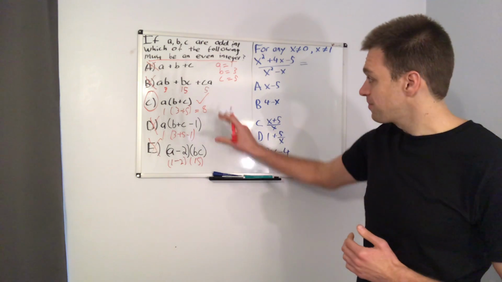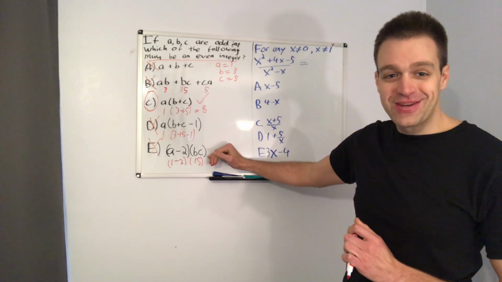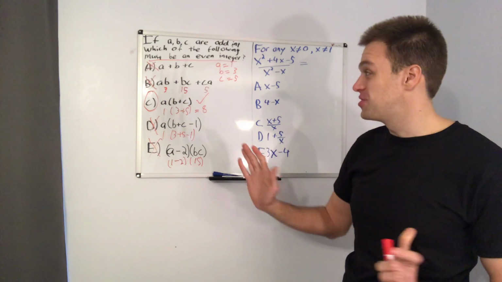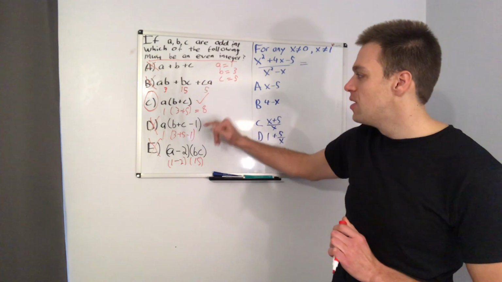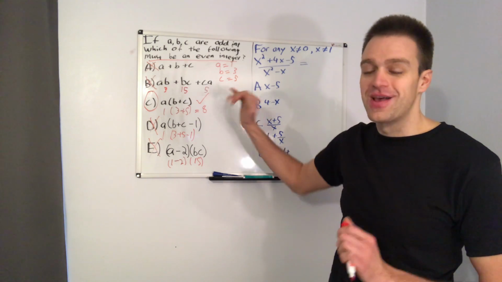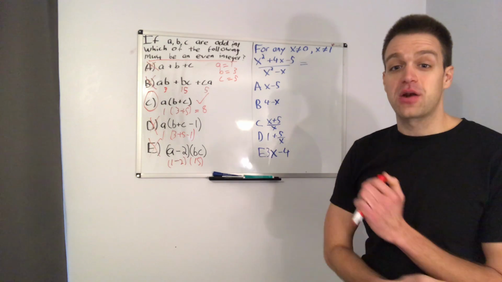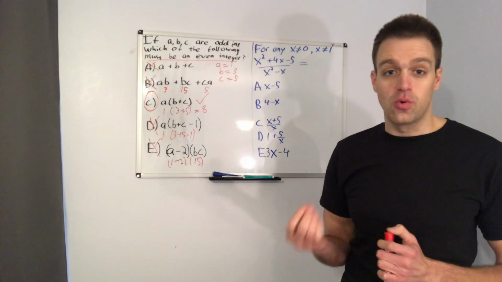Actually, when I said earlier that we have to check all of the answer choices, that's not really true for odd-even rules. It is true in general: when we have a must-be-true question and we're picking a single case, we can't know that it's true for all cases. But for odd-even rules, it doesn't matter which odds or which evens I pick, all of those rules will always hold true.